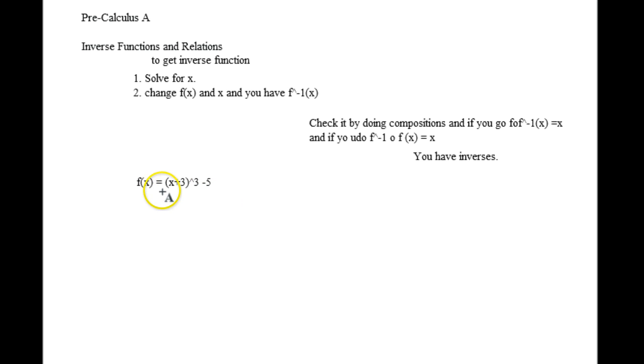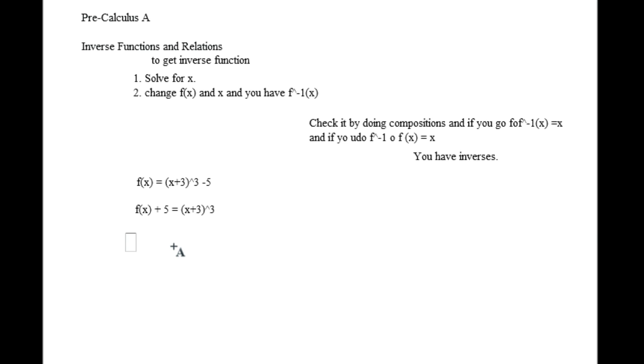What we're going to do is solve for x in this case. So I'm going to add 5 to both sides. So I get f of x plus 5 equals (x plus 3) to the third. And then I'm going to cube root both sides.